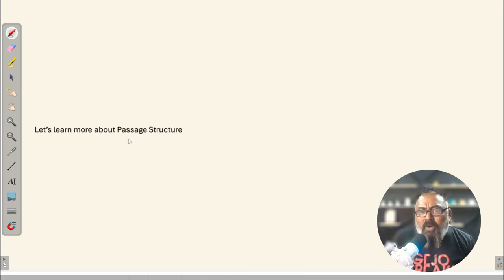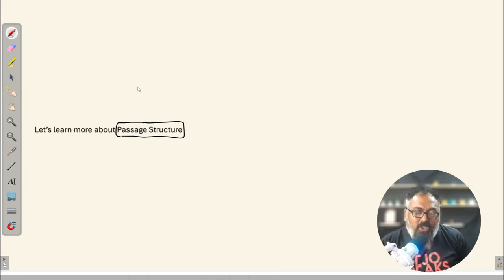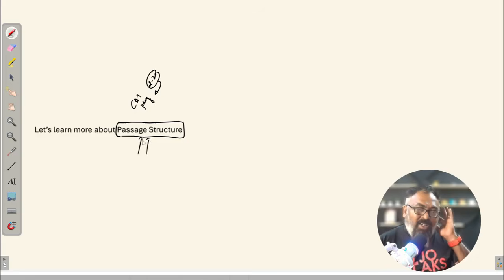So let's learn more about passage structures. In the process, I'm still going to use a lot of CAT passages, especially 2020 ones, and some select ones, to explain structures and many things. It's also very important at some level to learn.